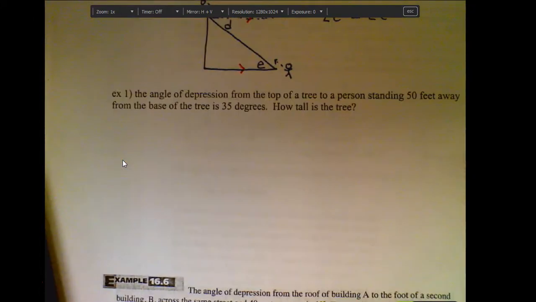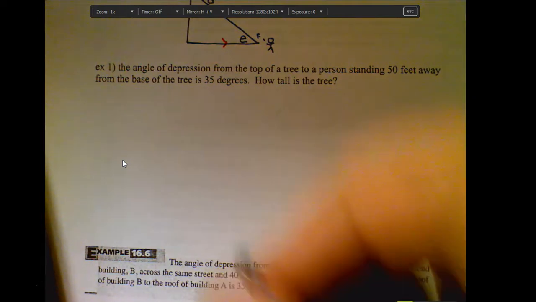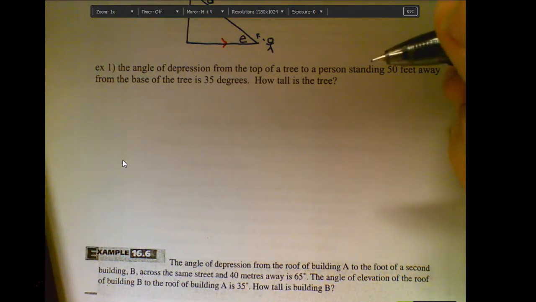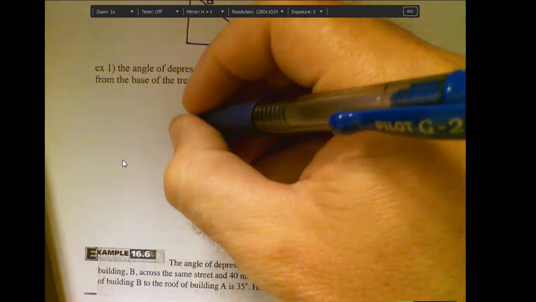We're just going to go through 2 problems in this lesson. The first one is a little more of the simpler version. So this one here, we have an angle of depression from the top of a tree to a person standing 50 feet away from the base of the tree. A diagram is always beneficial for word problems like this, especially in geometry. So we'll give ourselves a nice little diagram to work with here.